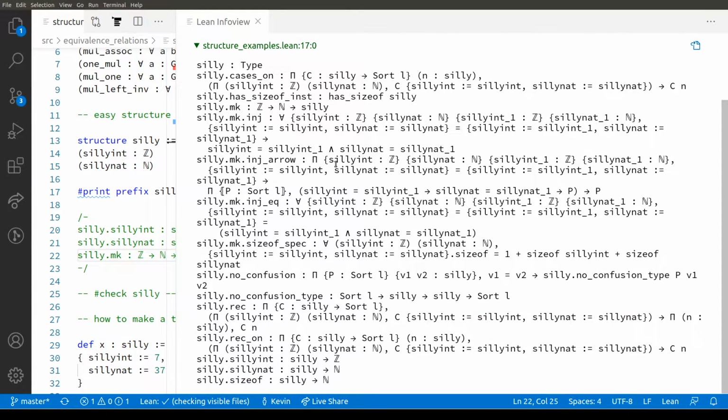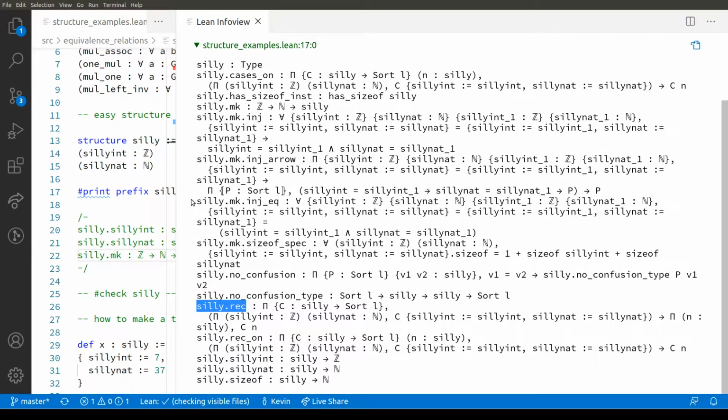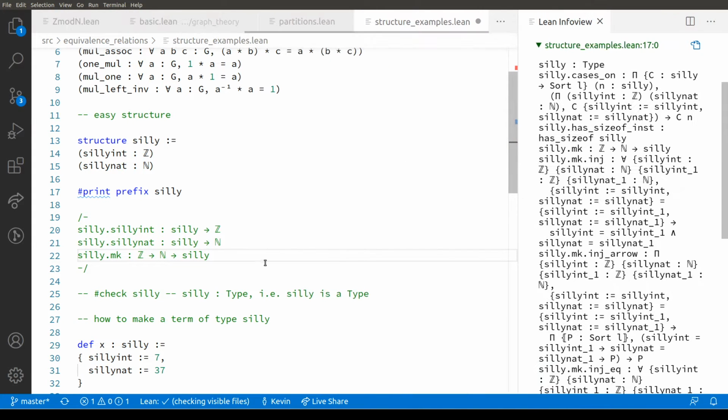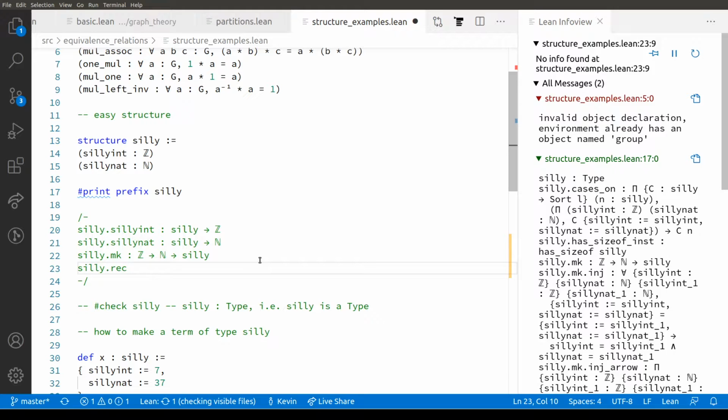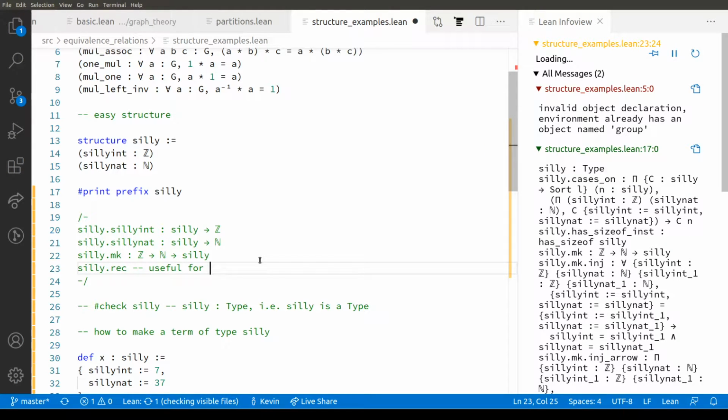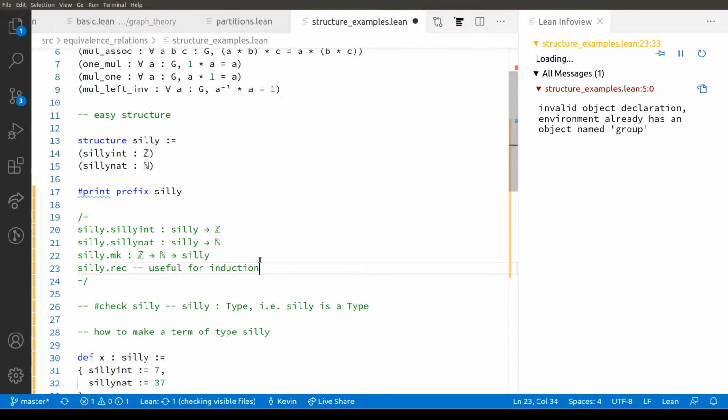And there's silly.rec, which is probably useful to computer scientists. It's useful for induction. That will let us do induction on silly.